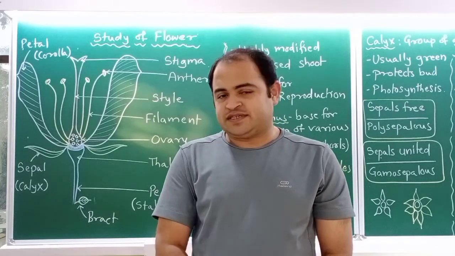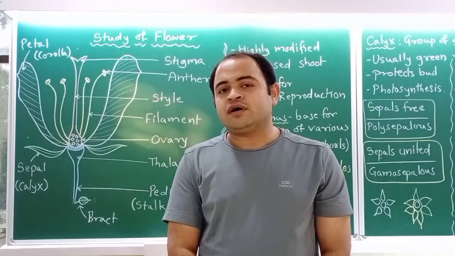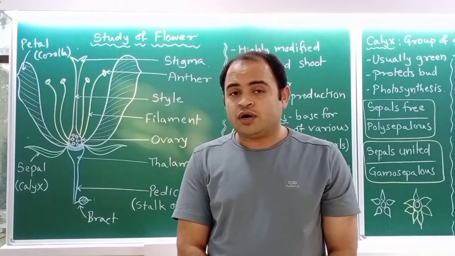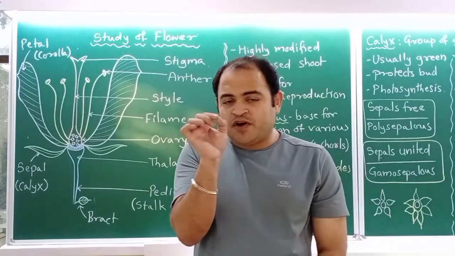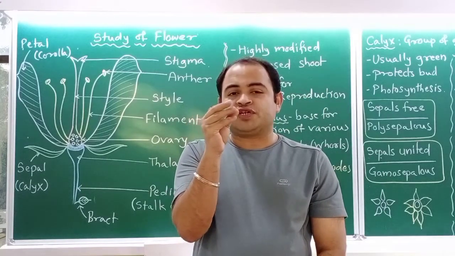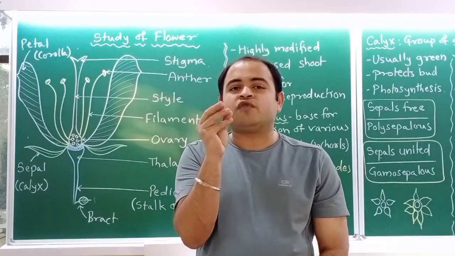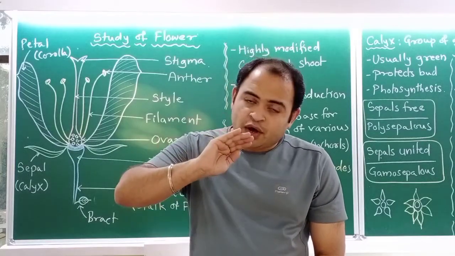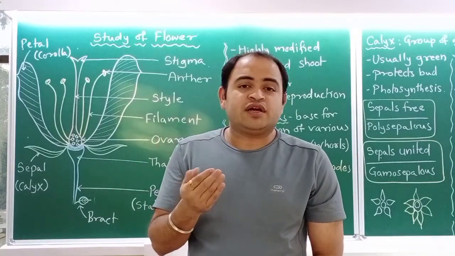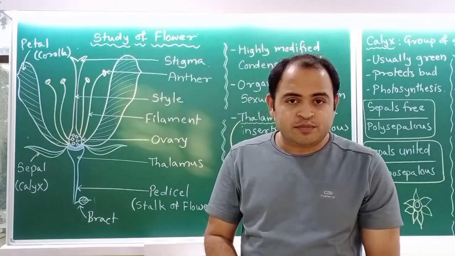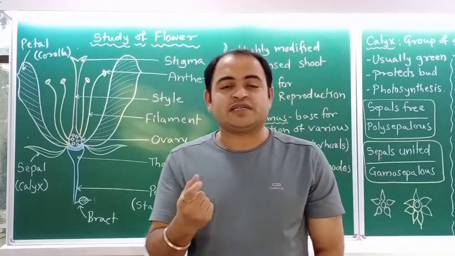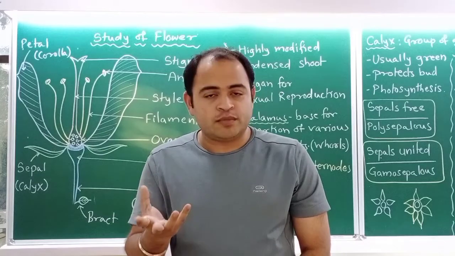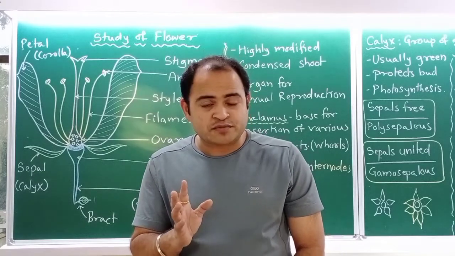In the initial phases, if you observe the hibiscus bud carefully, you can find a typical green portion present at the base of the bud. That green portion always provides nourishment to the developing bud, because the developing bud requires more food to bloom. Are you getting this point?